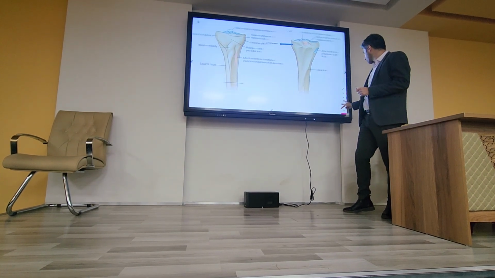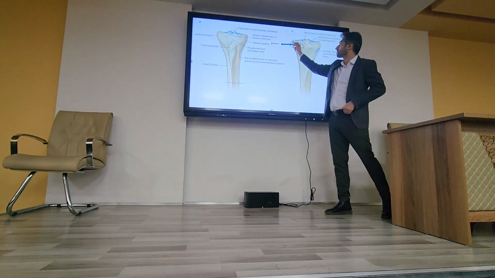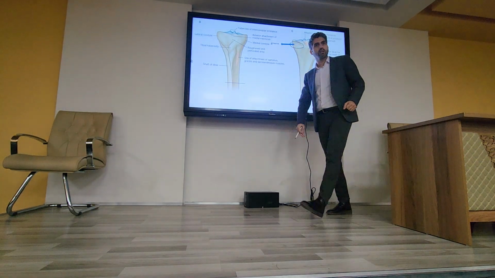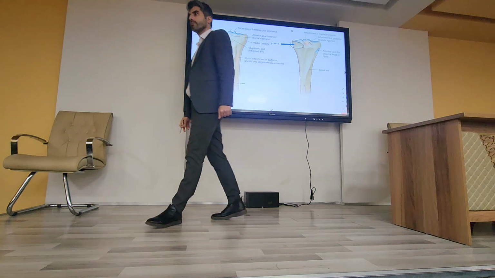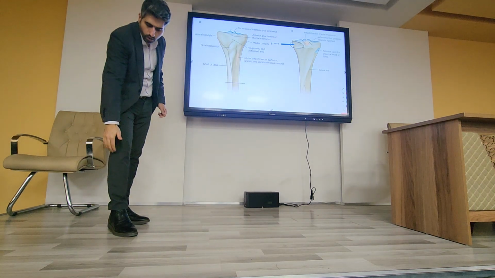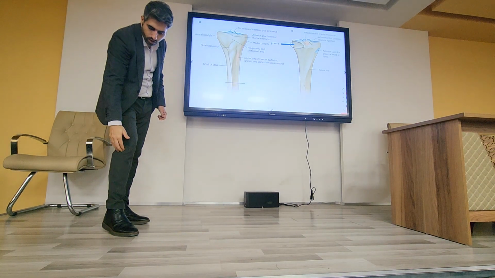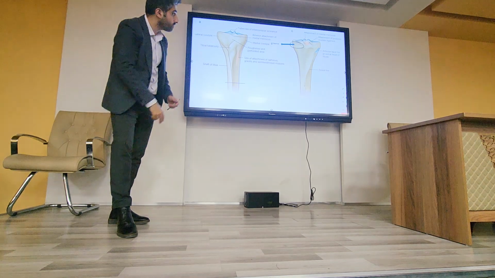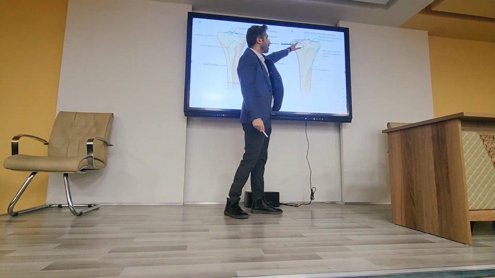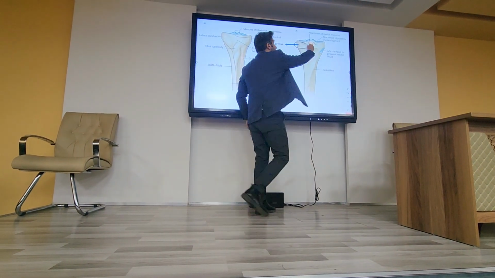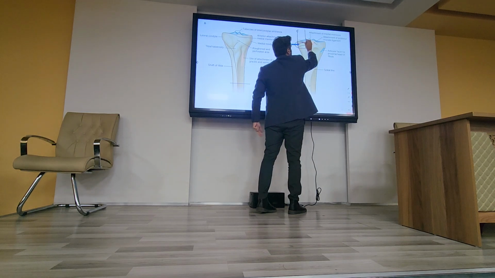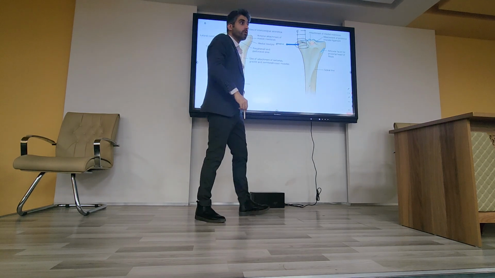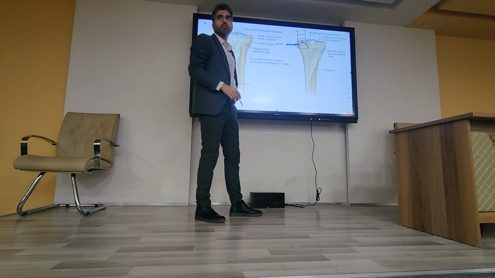It's here, attached to this groove. Groove behind the medial condyle in the tibia. Tibia has medial condyle, lateral condyle. This muscle attached to the groove behind the medial condyle, semimembranosus.